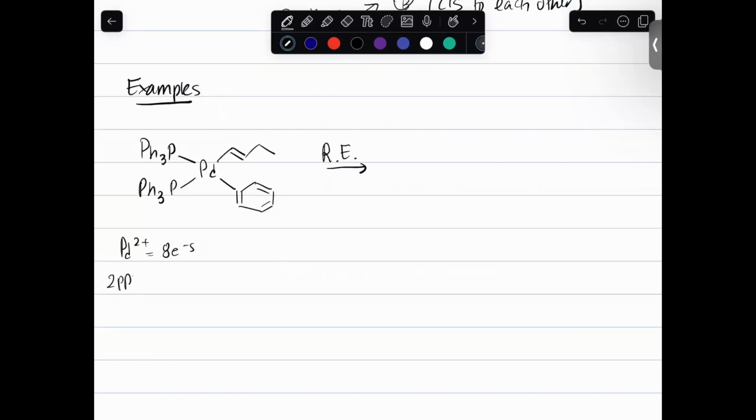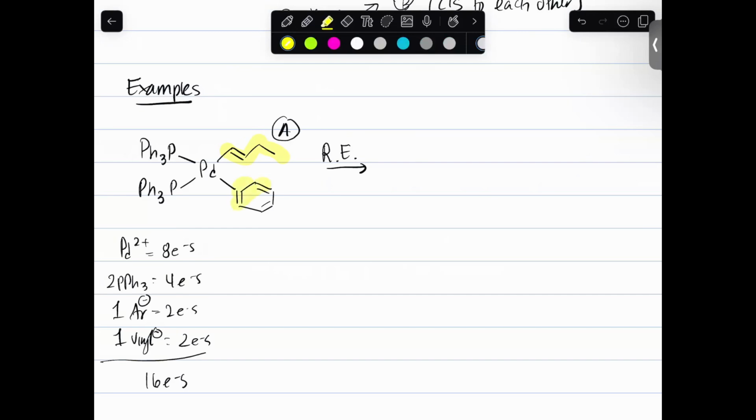There are 2 triphenylphosphines, 4 electrons, 1 aryl group, 2 electrons, 1 vinyl, 2 electrons for a total of 16 electrons. Okay. I'll call this A, and I'll call this B. If it's reductive elimination, of course, you want A and B bonded together, and that's exactly what ends up happening.